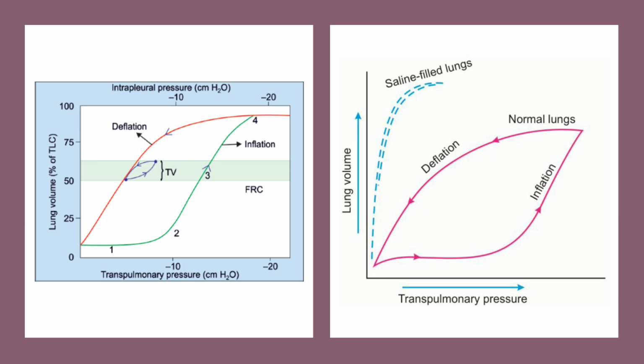Surface tension is created in the alveoli because inside the alveoli there is a thin layer of fluid which creates an air water interface, which gives a major contribution to the surface tension. If we fill the alveoli with saline, this air water interface will not be present, and there will be no hysteresis. So we can conclude that of these two opposing forces, the elastic recoil and the surface tension, surface tension is the major opposing force for lung distension.